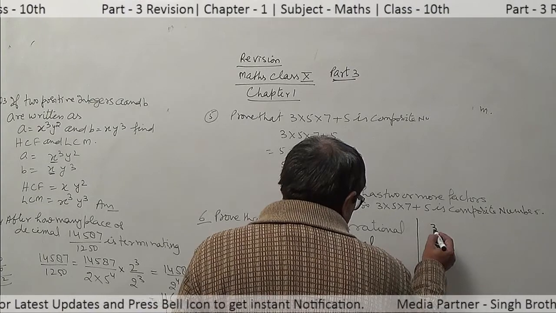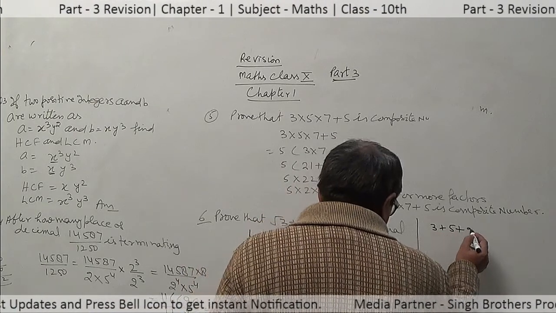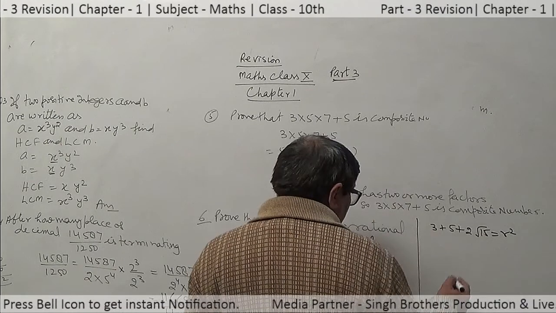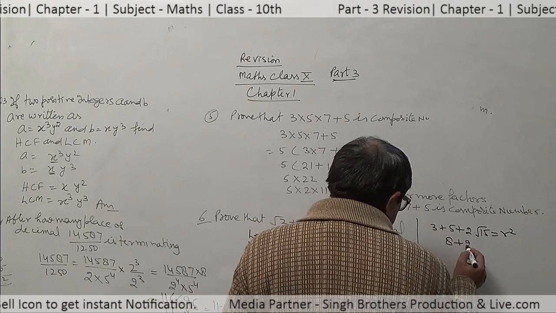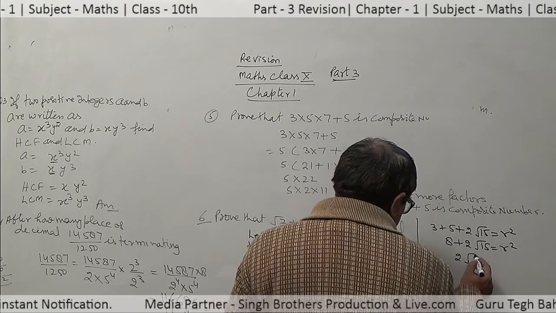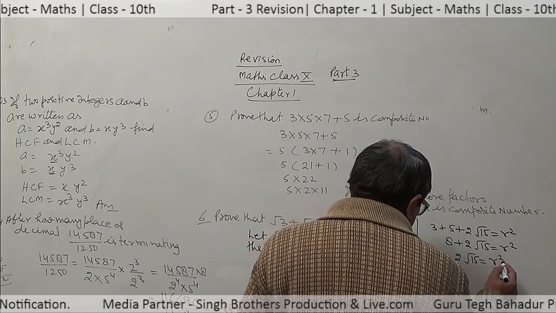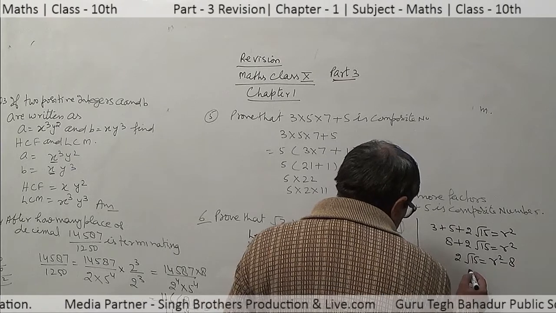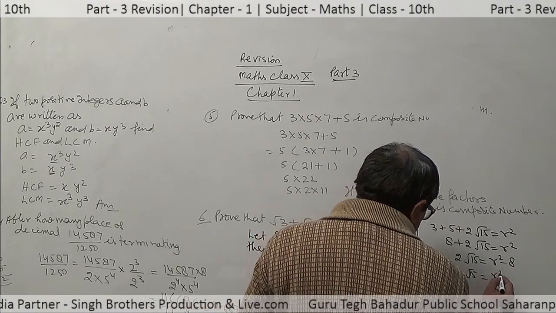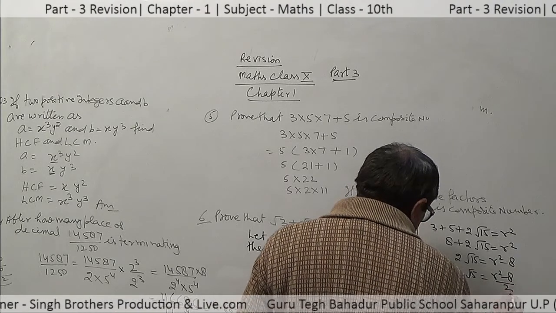So root 3 square is 3 plus 5 plus 2 root 15 is equal to r square. 8 plus 2 root 15 is equal to r square. So root 15 is equal to r square minus 8 upon 2.